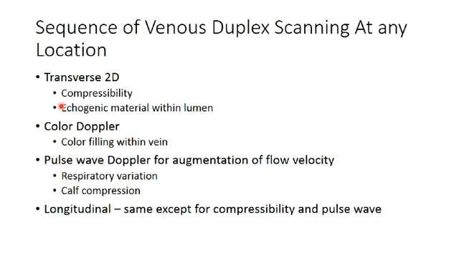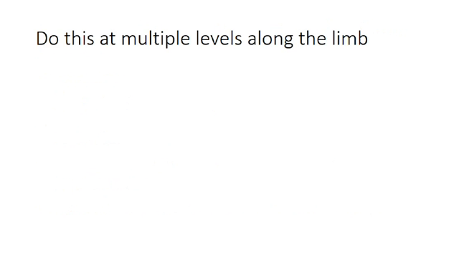So you look for all the other things, especially echogenic material and color filling within the vein. This is what you do at any probe location, and you do this at multiple levels along the lower limb.